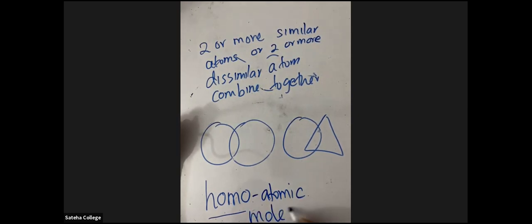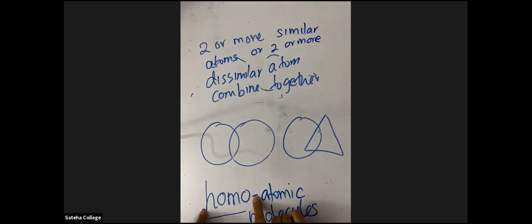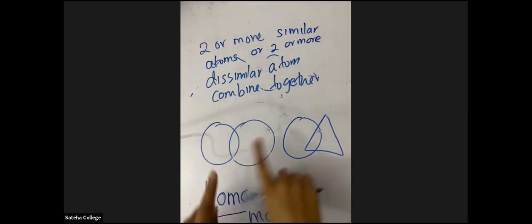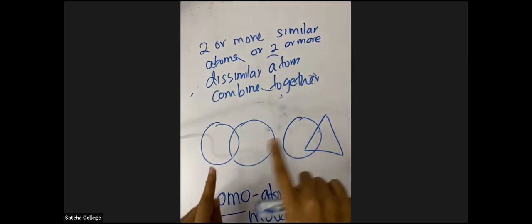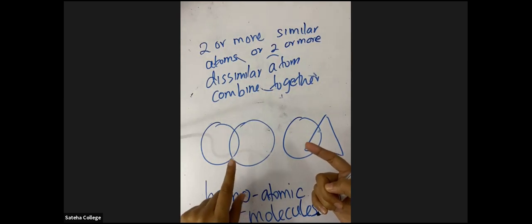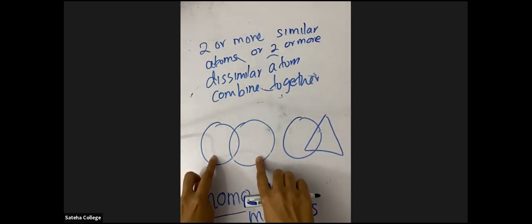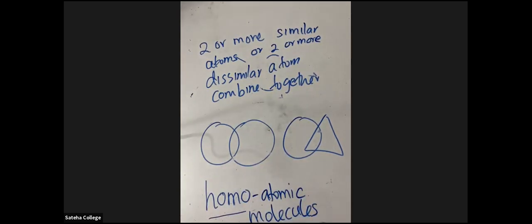homoatomic molecules. What does this mean? Homo stands for the word same. Atomic stands for atom. So what atoms have you used? The same atoms. So that's how the word came, homoatomic molecules. You're using the same atoms. So what are homoatomic molecules?